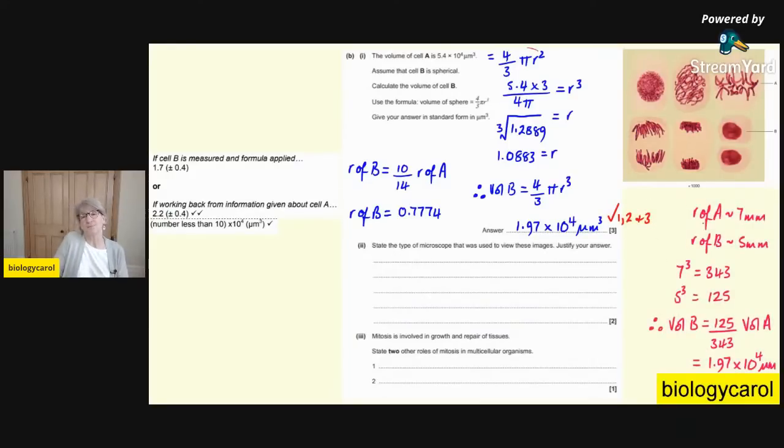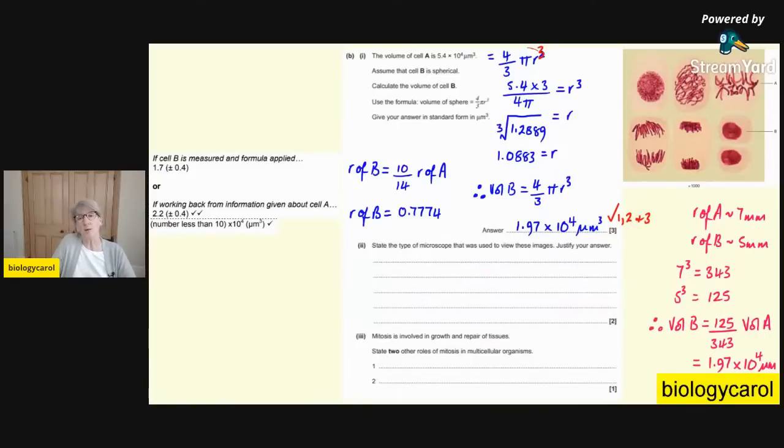But now have a look here. If I had just, again using my measurements, where I had measured the diameter of A as 14 millimeters and the diameter of B as 5 millimeters, notice that makes the radius of A about 7 and the radius of B about 5. Now, the only thing that changes in this formula is R, sorry, this should say R cubed. Sorry, I just realized that was wrong. The only thing that changes is the value of R cubed.